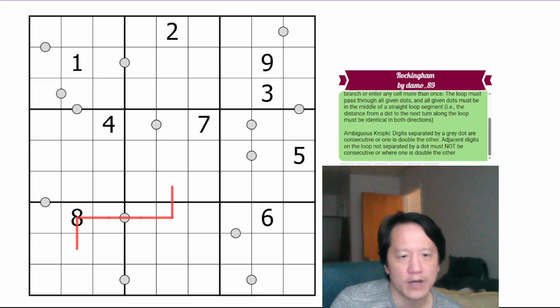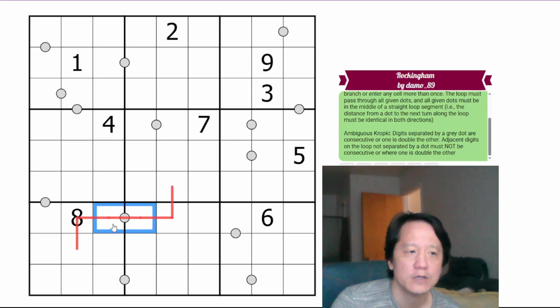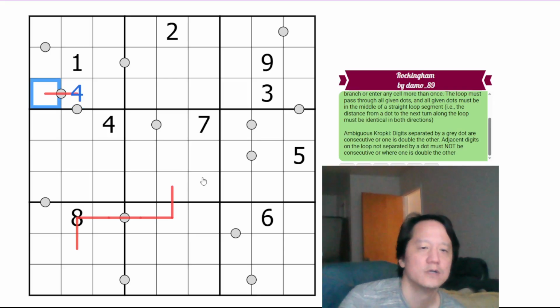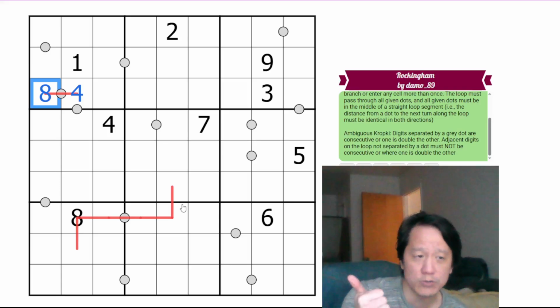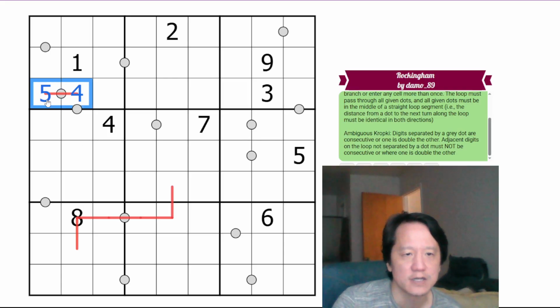So these digits have to be either in a 1 to 2 ratio or consecutive. If this digit were a 4, then this digit could be 2 or 8, because it's in a 1 to 2 ratio, or 3 or 5, because they would be consecutive.